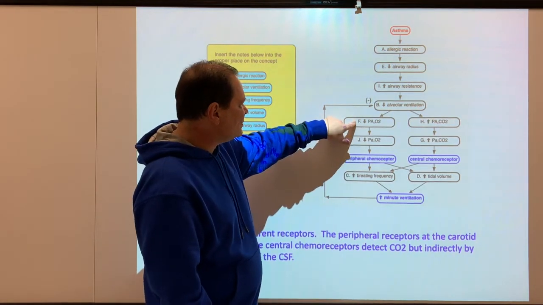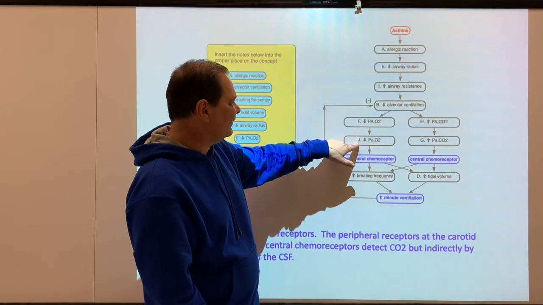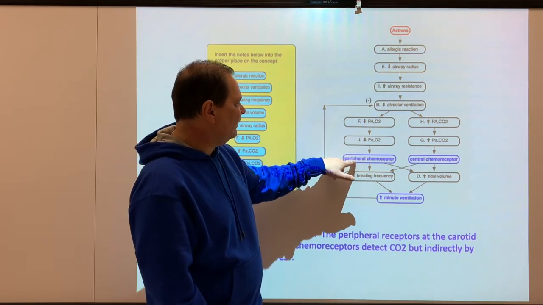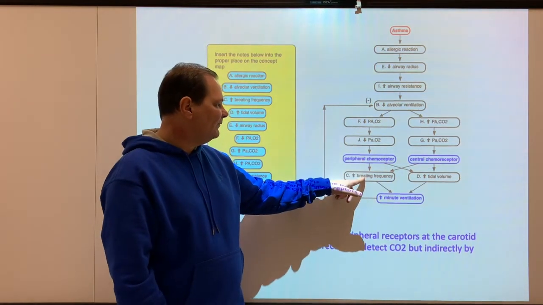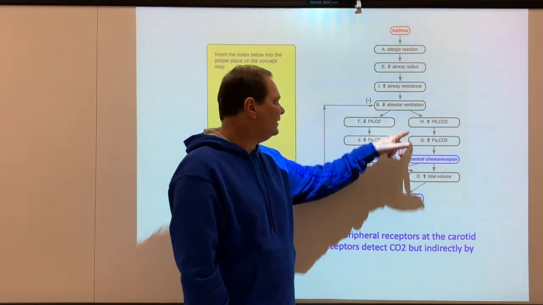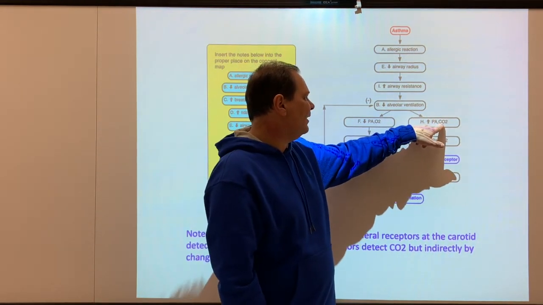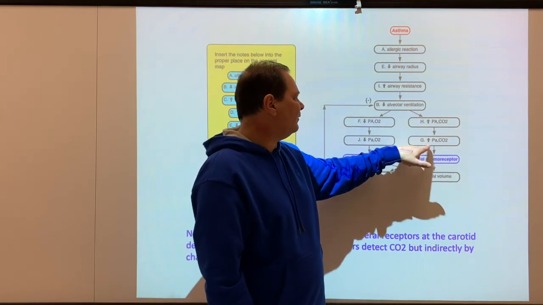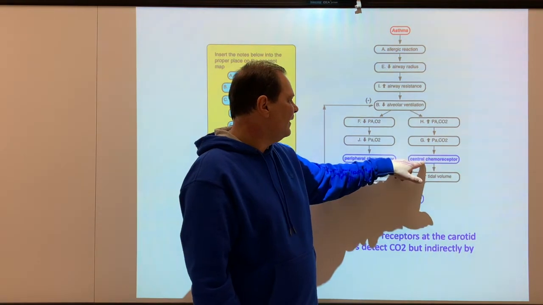In either case, there is a decrease in alveolar ventilation due to change in probably both those parameters. The partial pressure of alveolar oxygen drops, and the partial pressure of arterial oxygen drops as a consequence. The peripheral chemoreceptor is detecting less oxygen. We increase tidal volume and breathing frequency, and as a result, that increases minute ventilation. At the same time, our partial pressure of alveolar CO2 is increased, which increases partial pressure of CO2 in the arteries.